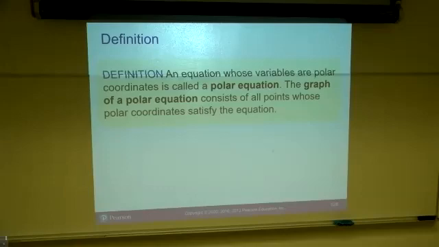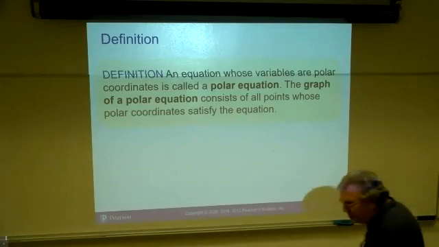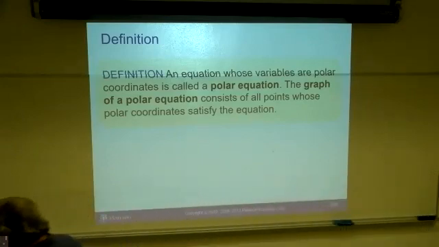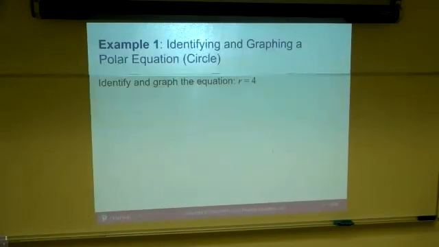But we don't call it a rectangular equation because the first time you deal with polar coordinates is now. So in high school, you wouldn't have been introduced to this, well, maybe if you had a more adventurous algebra 2 teacher or a trig teacher.